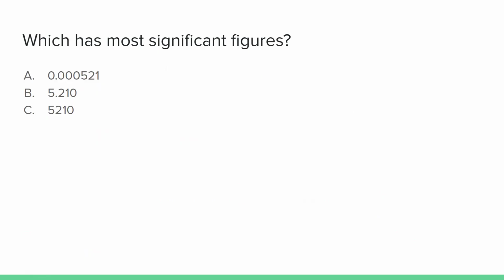If they are before the non-zero numbers, they are not significant figures. If they're after the non-zero numbers, they sometimes are, only if it's after a decimal. So since this is after a decimal, yes, that zero is a significant figure. Down here for C though, that zero is not. That's called a trailing zero, as I said. So this one has three.